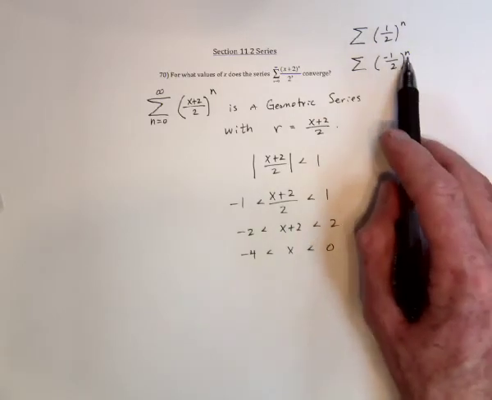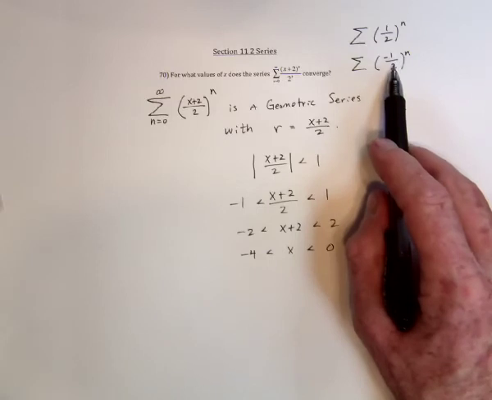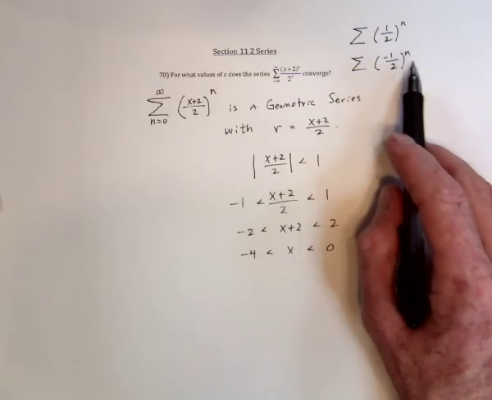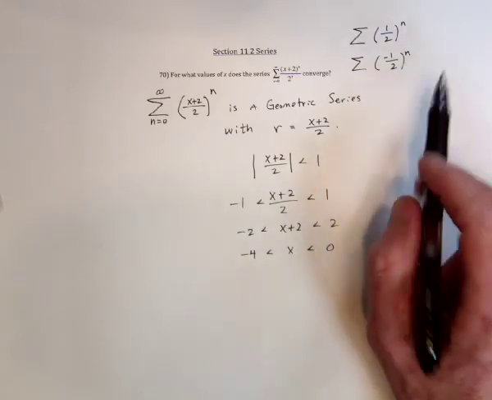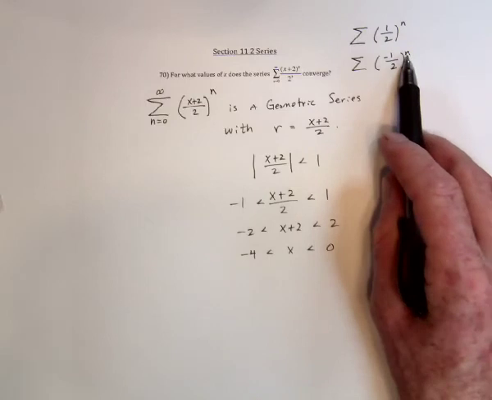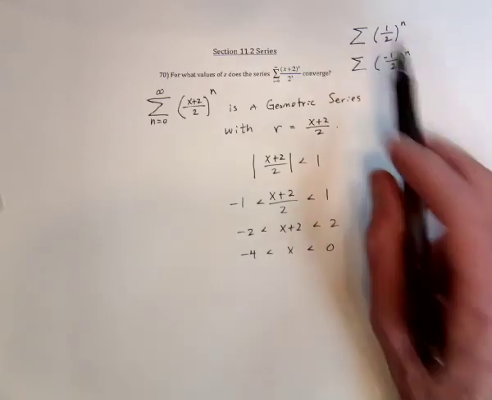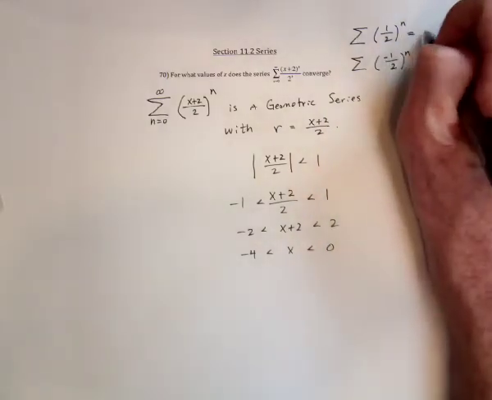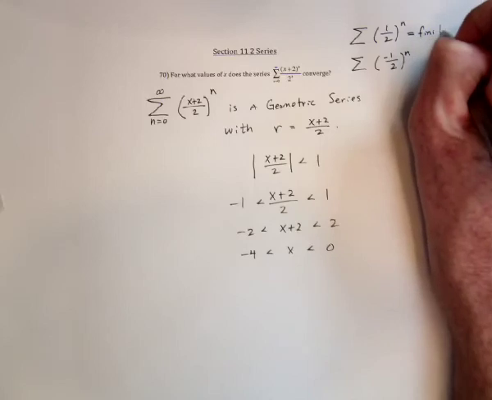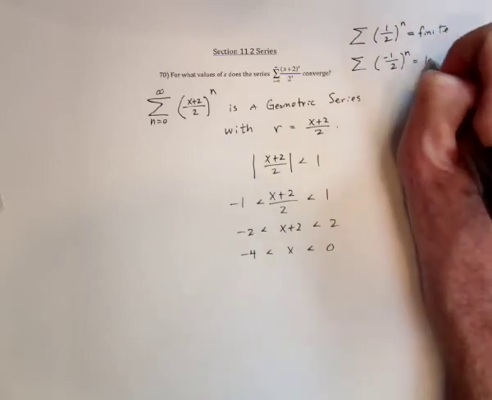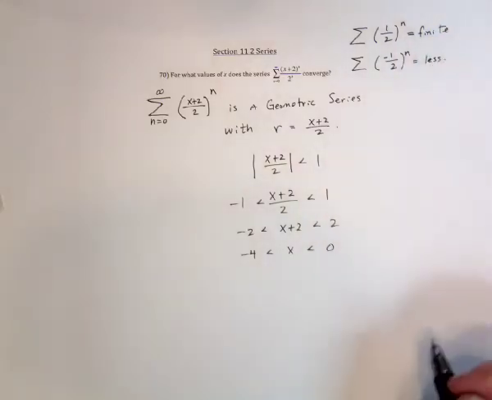Well, when this is an even power, you're going to get that half and quarter and eighth and 16th, etc. But when this is an odd power, it's going to subtract. So actually this is going to add up to less than this. And if we know this adds up to some finite number, then this is even less than that, whatever that answer is.